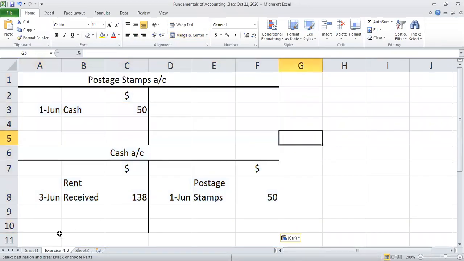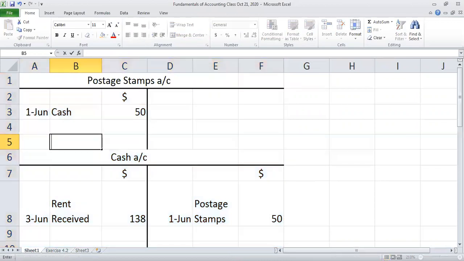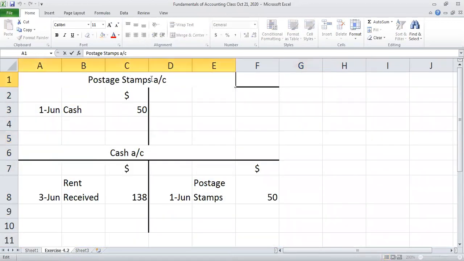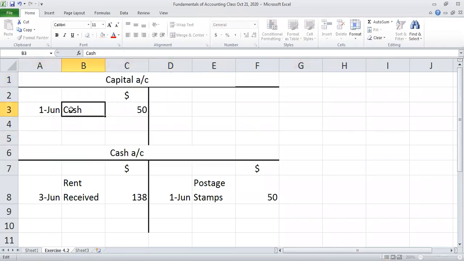All right, so we have a cash account and a capital account. I'm going to do the capital account first.